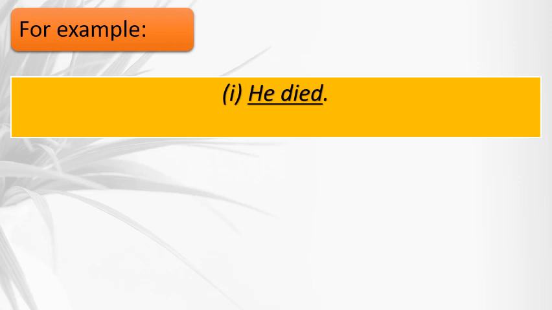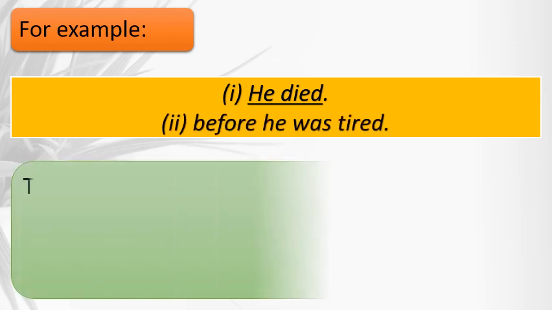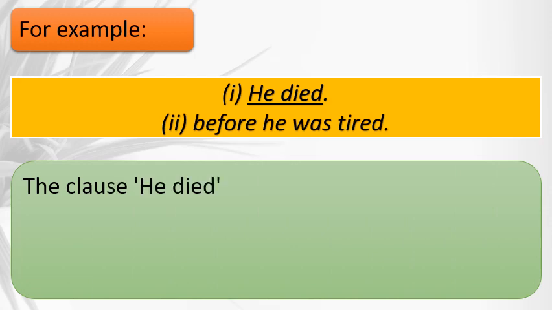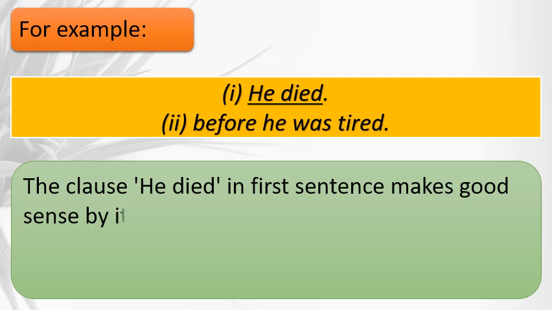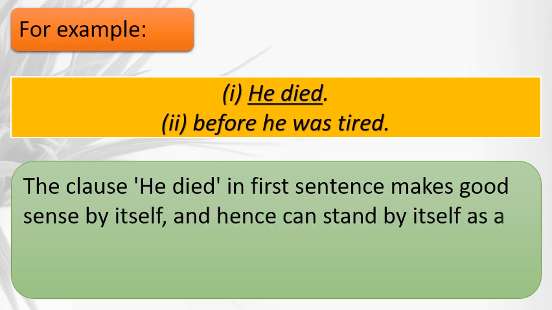Let us see an example to clarify it. As I have divided one sentence in two parts: He died before he was tired. So, the clause "he died" in the first part makes good sense by itself and hence can stand by itself as a complete sentence.